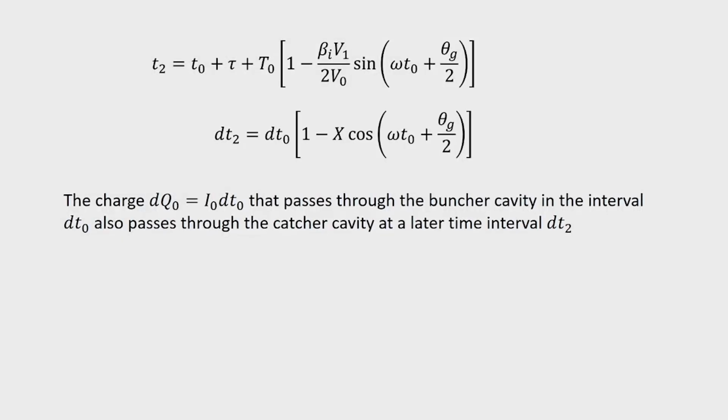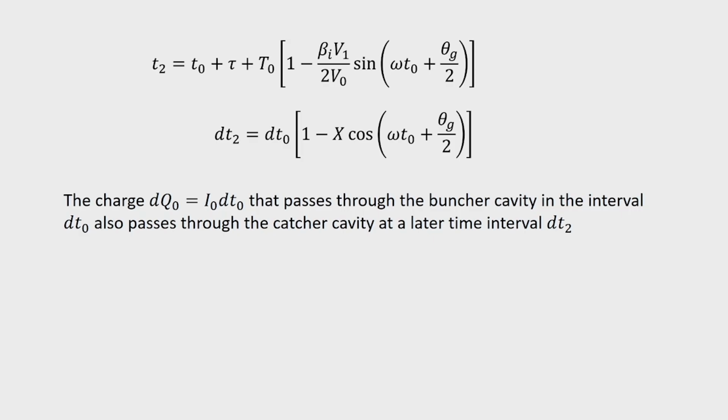Now, in the buncher cavity, a charge amounting to dq naught equal to I naught dt naught passes in the interval dt naught.